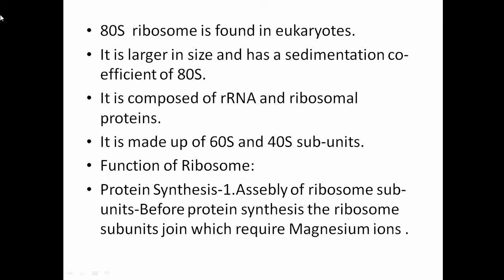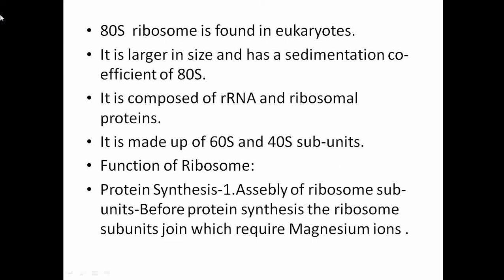Now moving towards the function of ribosome, the only function which the ribosome plays is protein synthesis, which is a very important process in our body. Protein synthesis occurs with the help of these ribosomes. This protein synthesis occurs in two steps, I would say.